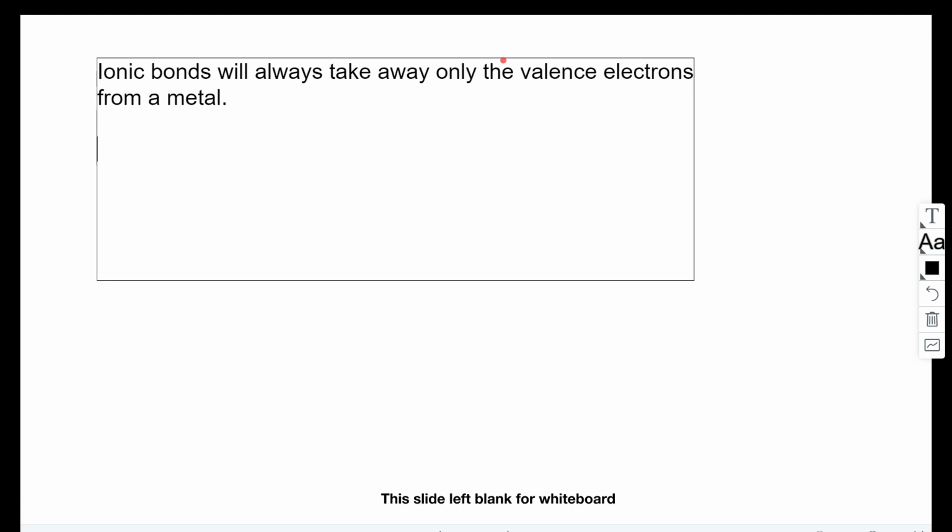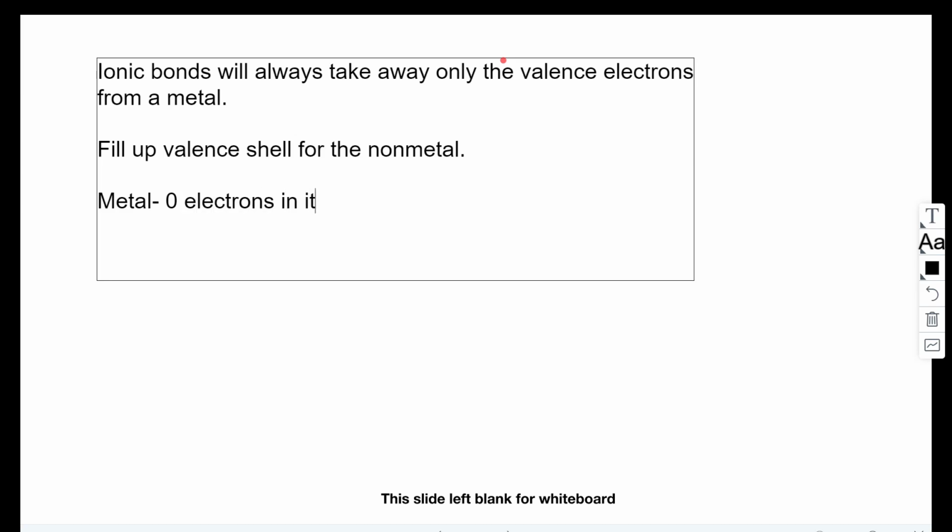Anytime that we have an ionic bond, we're also going to fill up the last valence electron shell for the nonmetal. So we'll go ahead and say that we'll fill up the valence shell. Okay. So that means that our metal is going to end up having 0 electrons in its valence shell. And then our nonmetal will have 8.